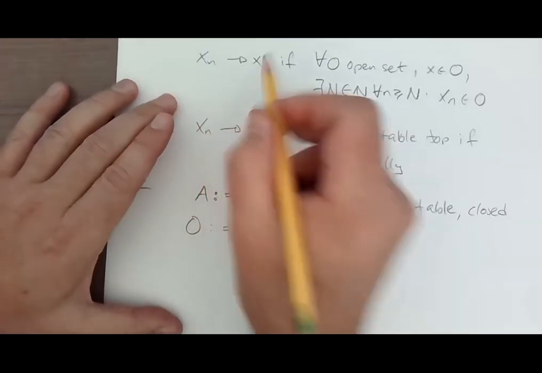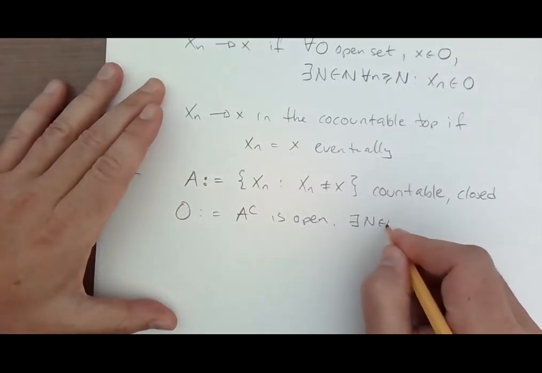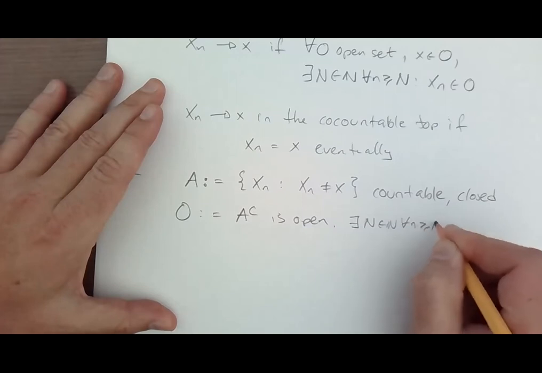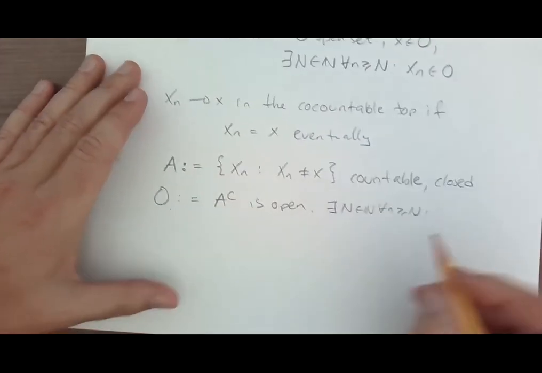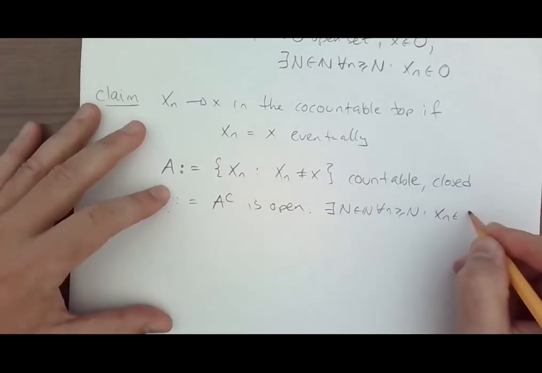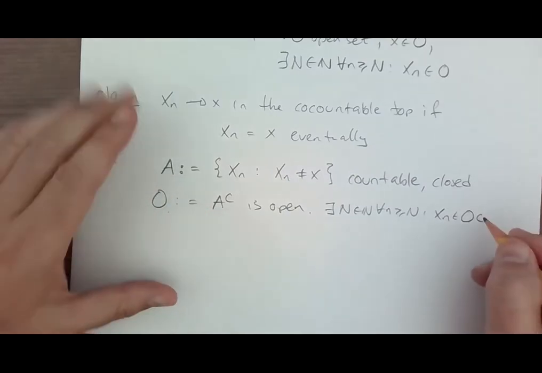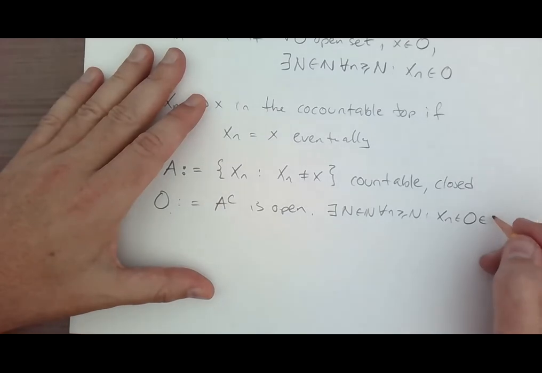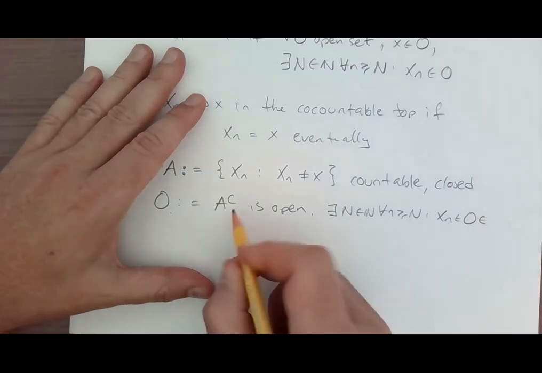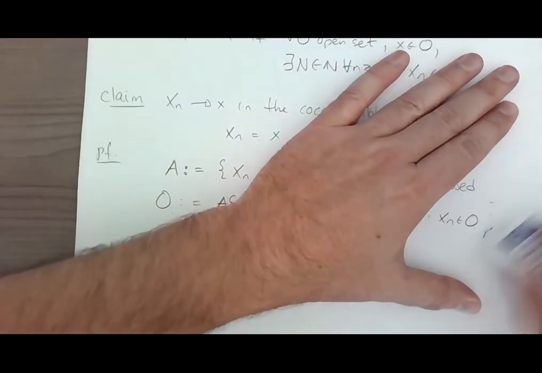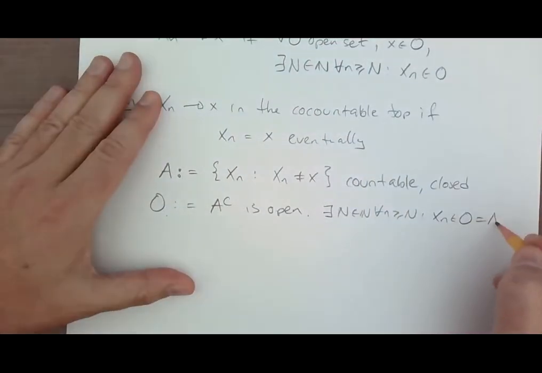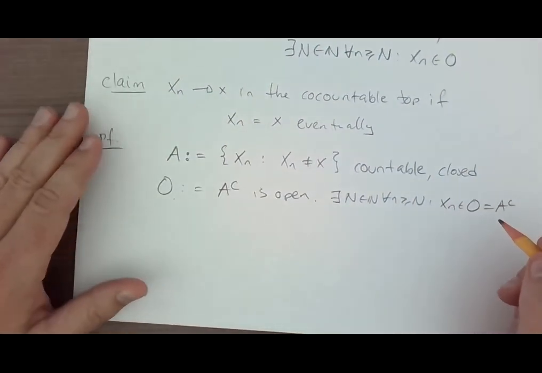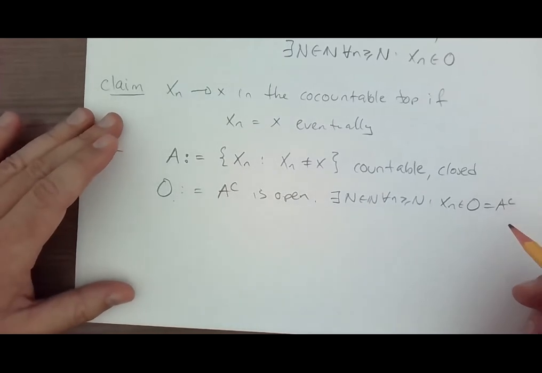So if xn goes to x, there exists an n such that when I'm later than that n, my xn belongs to O, which is equal to A complement.